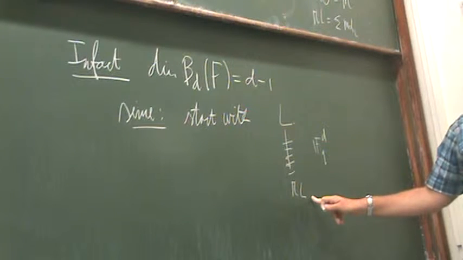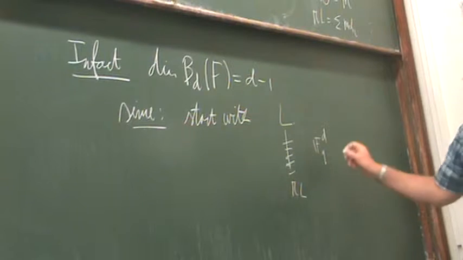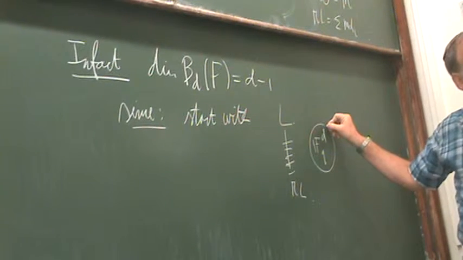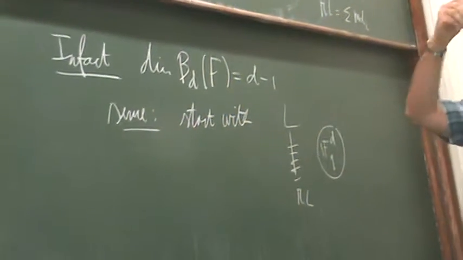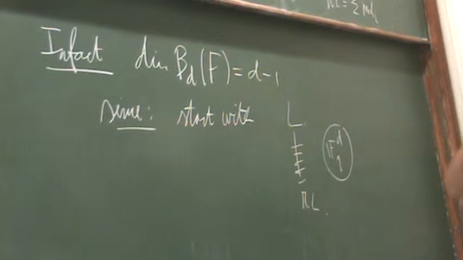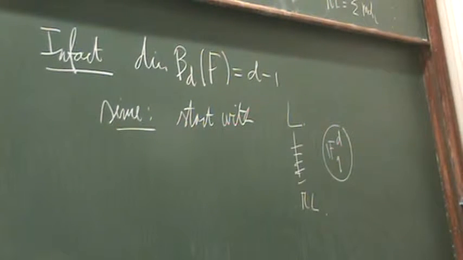The homomorphism theorem basically tells us here that there is a one-to-one correspondence between subspaces of Fq to the D and submodules of L containing pi of L. Is it clear, or should I write it down?